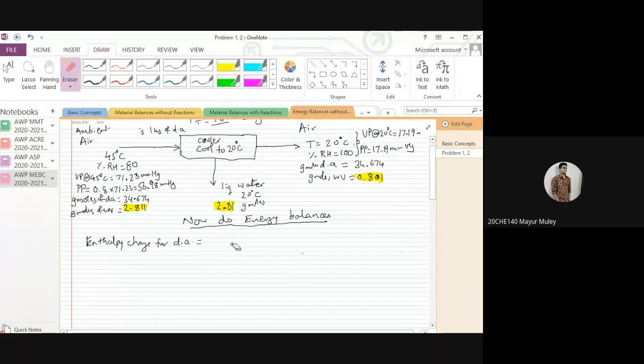Which came out to be 0.767 kg of nitrogen, so this 1 kg of dry air contains 0.767 kgs of nitrogen. Okay. And 0.233 kgs of oxygen. Okay.